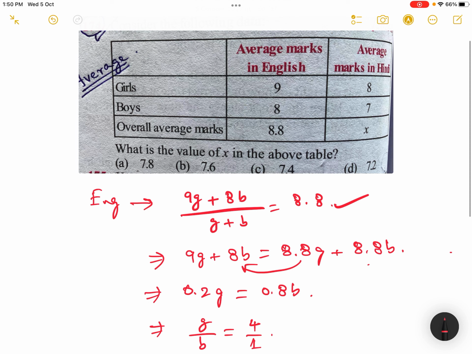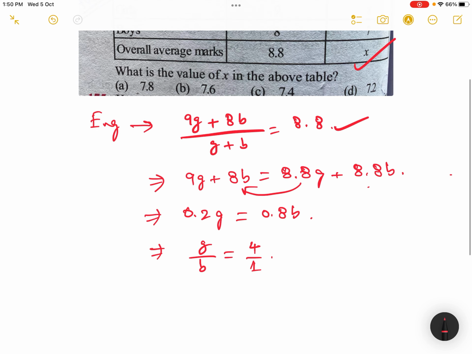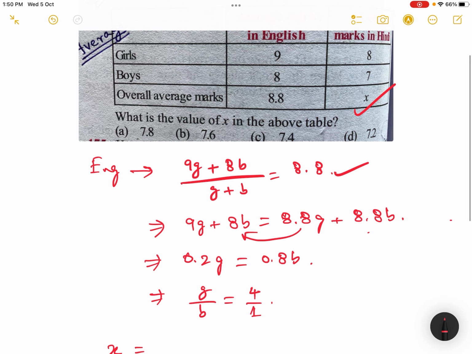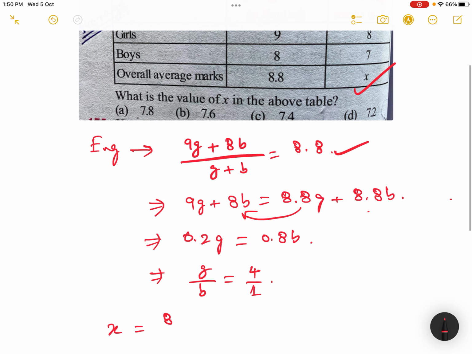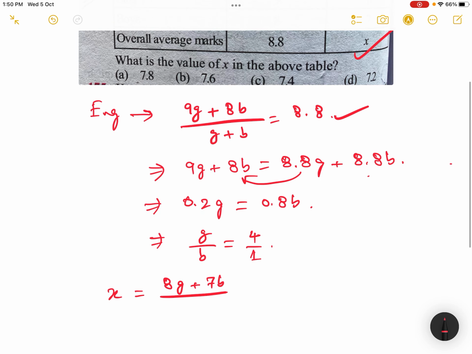Now we are asked to find this X value, that's the average marks in Hindi. So X equals 8G plus 7B divided by G plus B. We already found out that this is 4, so this is 4y, or you can ignore that part also.